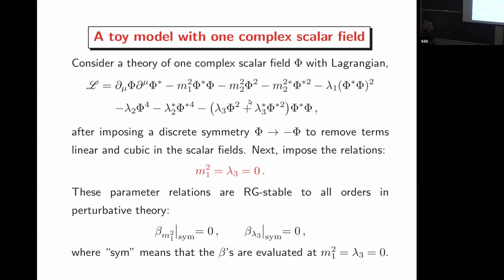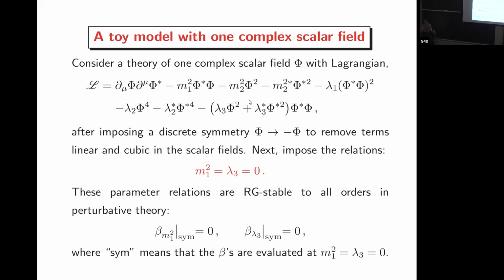In order to try to understand that, I wanted a simpler arena to play with, other than the full two-Higgs doublet model, because there are lots of degrees of freedom. And what was amazing is that this toy model with one complex scalar field shows exactly the same behavior. So here's the model. Here's a theory of one complex scalar field phi. Here's the Lagrangian.